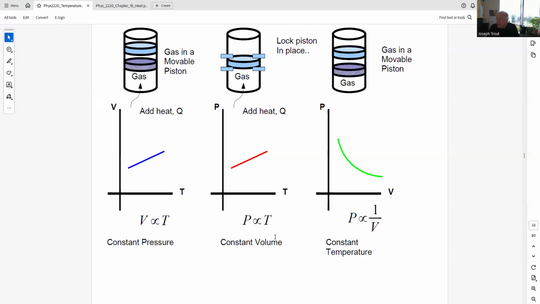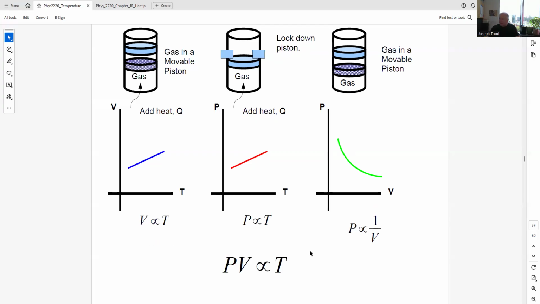And if we look at a piston and we have a high pressure compressed gas and then we let it expand, the pressure will decrease as the volume increases. So what we see is that it looks like PV is proportional to T.